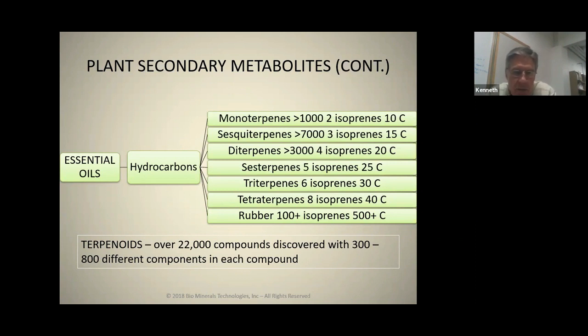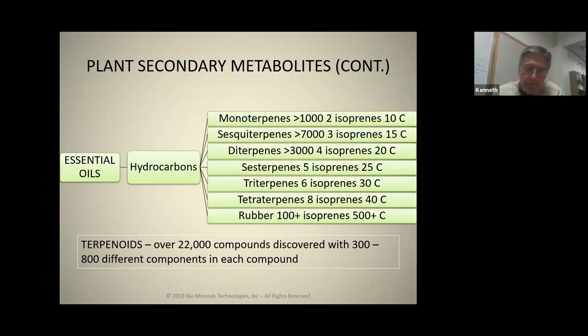In each terpenoid, there's between 300 and 800 different constituents or components. So you start doing the math, you have somewhere between 6 to 7 million different components to 17 million components just in one of the four groups.